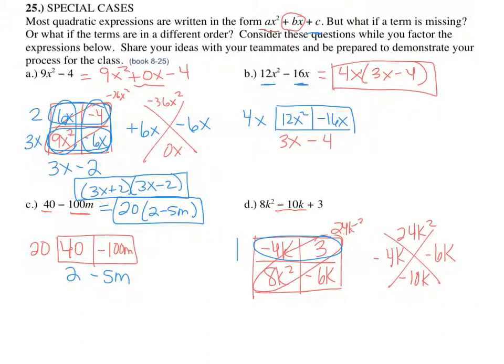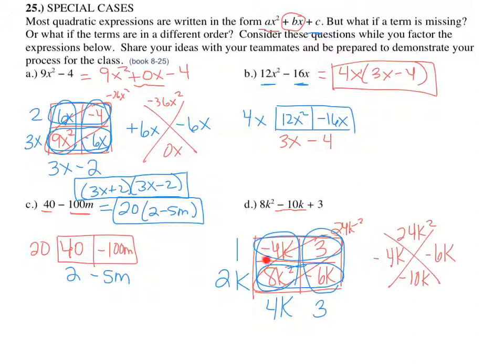Remember, 1 is always your fallback. 8k squared and negative 6k, they're both even, so they're both divisible by 2, and they both have a k. Negative 4k and 8k squared, both divisible by 4, and they have a k. 3 and negative 6k, both divisible by 3.